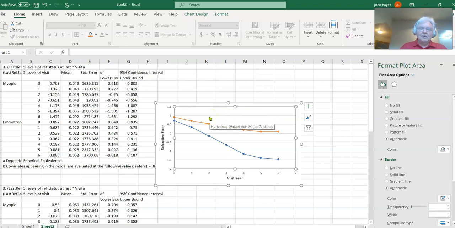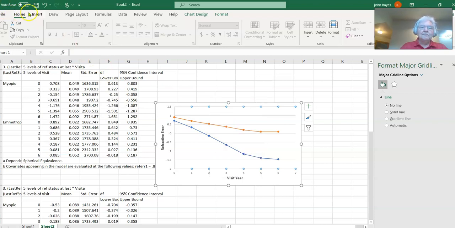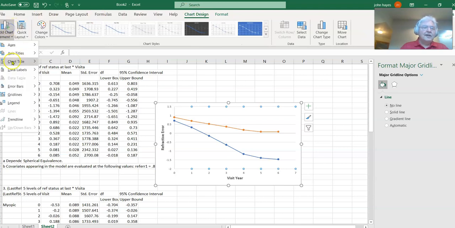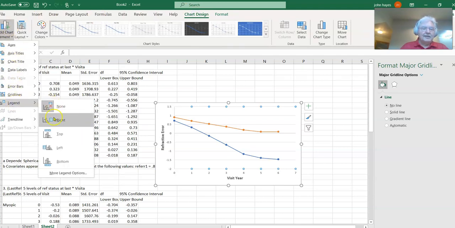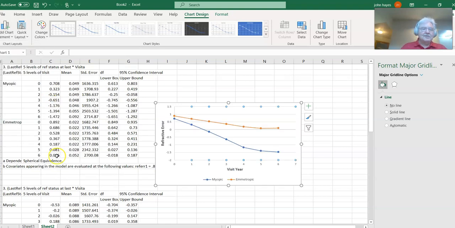So let's go back in, select our data. Oh, I know what else we want. We want to go into the chart design, add a chart element, a legend, so we can keep things a little straight, and put it on the bottom. It's just easy there.